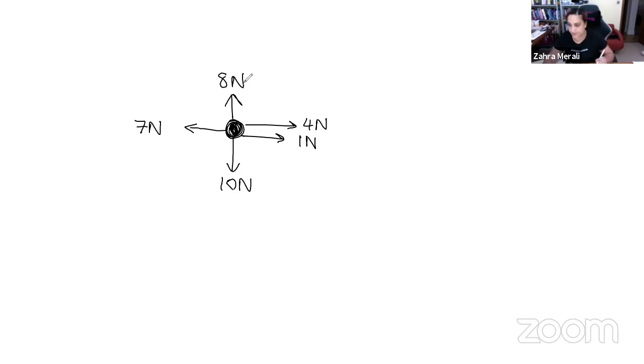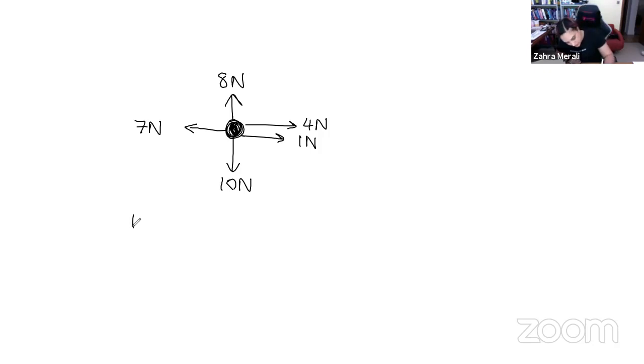So let's take a particle. Let's say we have 10 newtons, 7 newtons, 4 newtons, 1 newton, and let's say we have 8 newtons. Now this is a little bit trickier. So what is my resultant force?